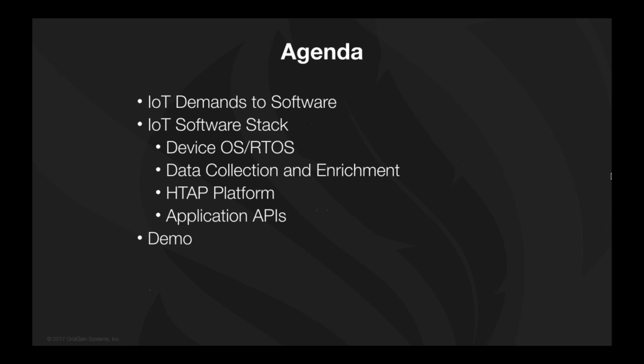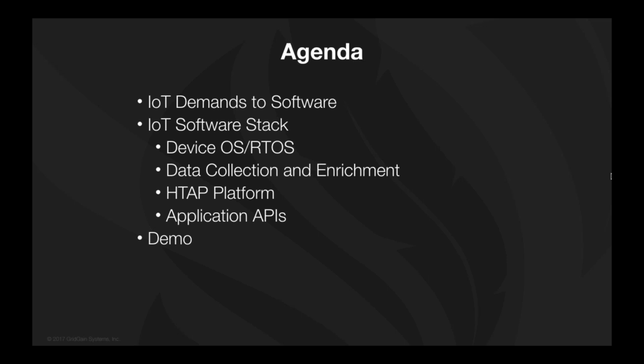Speaking about the agenda for today, first, before we start diving into the details of our IoT software stack, I want to briefly speak about the demands that are coming from IoT applications and services. Because once we know the demands, we know what exactly we need to build on the side of our IT infrastructure.